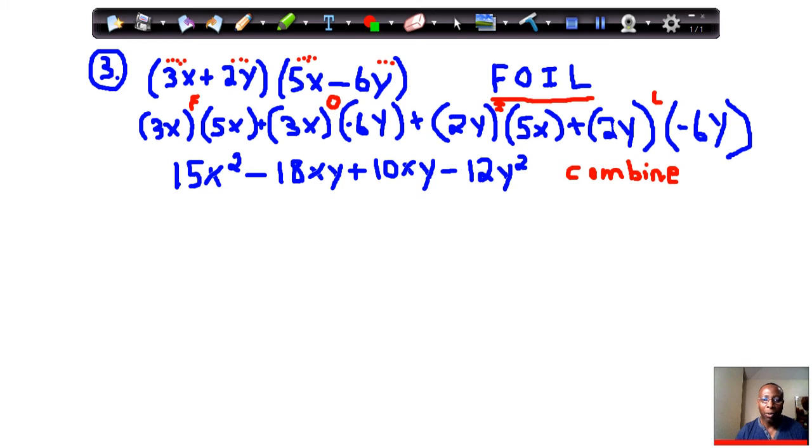So what terms are like? Well, there's only one 15x squared term, right? But there's a negative 18xy here and there's a 10xy. So those look alike, and we can combine them by adding them, right?